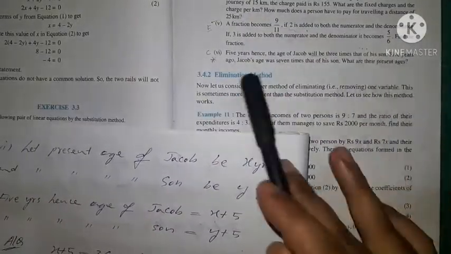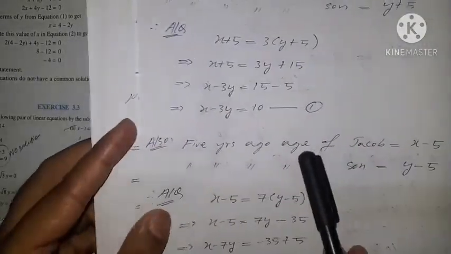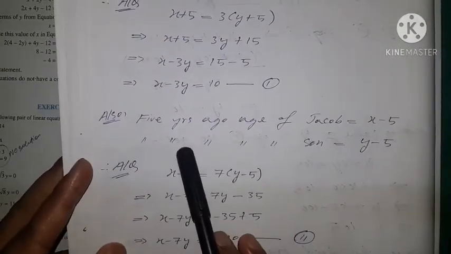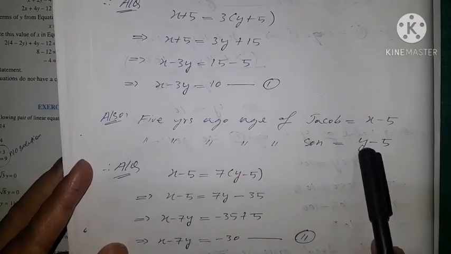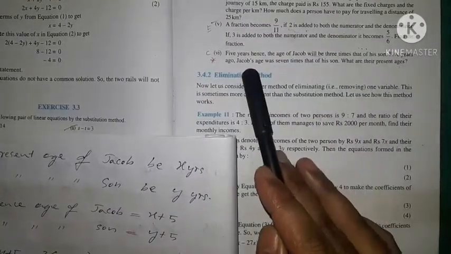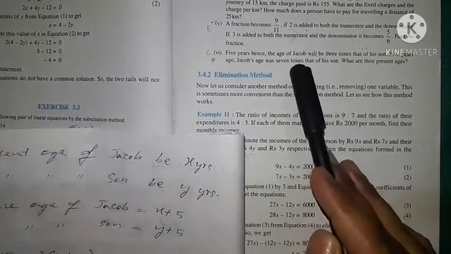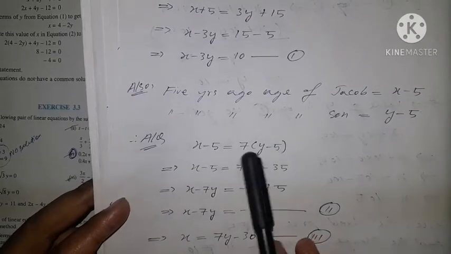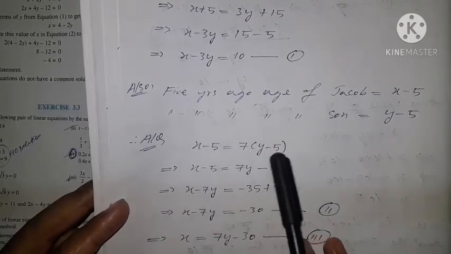Also, 5 years ago, which is the second condition, the age of Jacob was x minus 5 and the age of son was y minus 5. It is given that 5 years ago Jacob's age was 7 times that of his son. So x minus 5 is 7 times y minus 5.